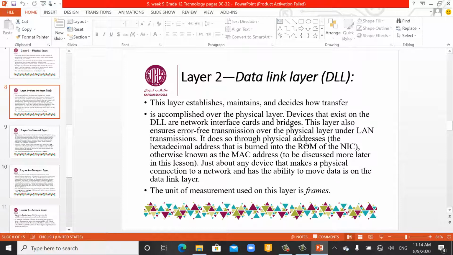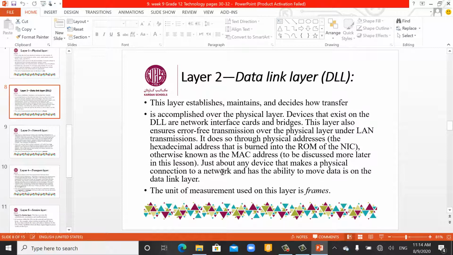It has an address, otherwise known as the MAC address. You're familiar with the MAC address. Every smartphone that you are using has a MAC address, and your computer that joins the network has an address, to be discussed more later in this lesson.